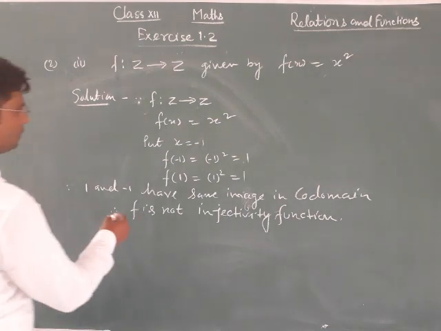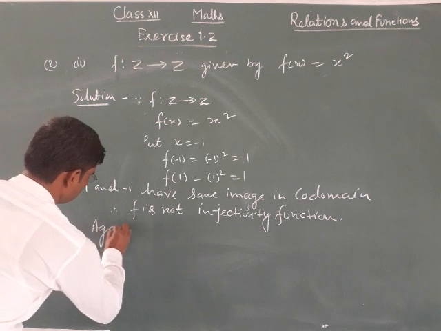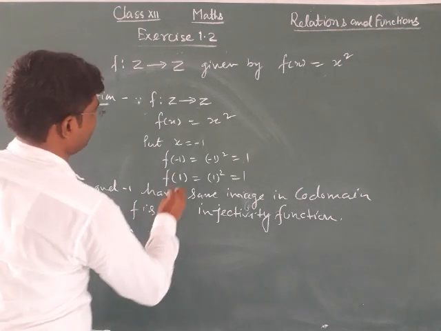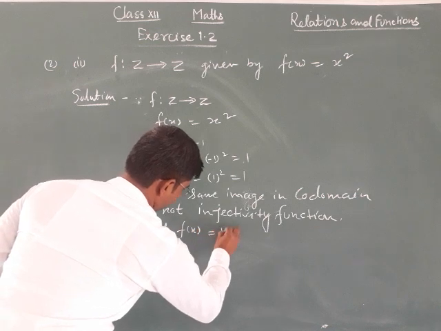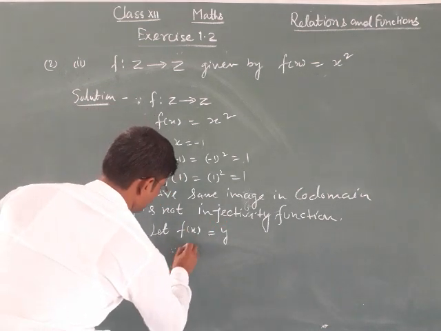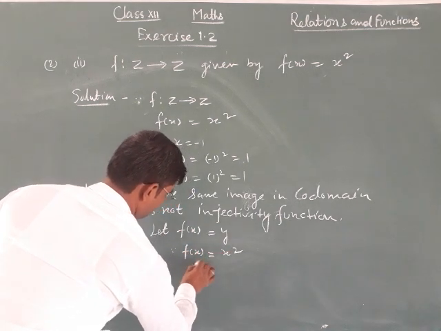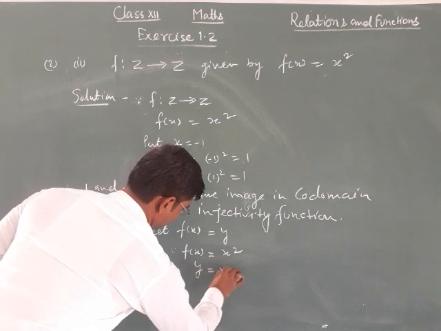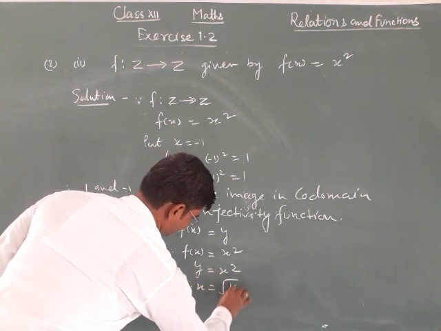And again, let f(x) is equal to y, since f(x) is equal to x square. So y is equal to x square, therefore x is equal to root y.